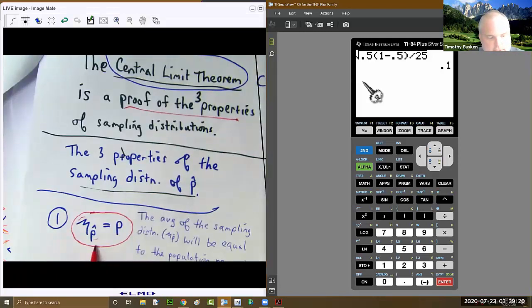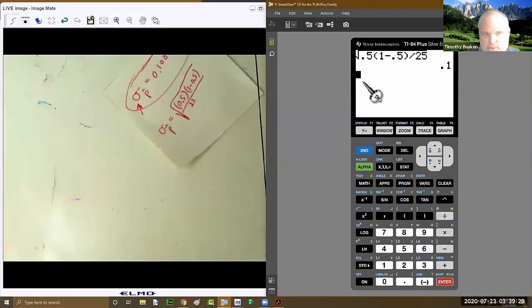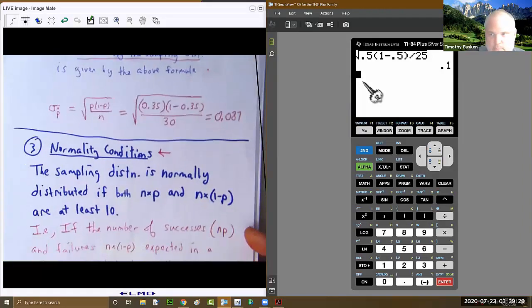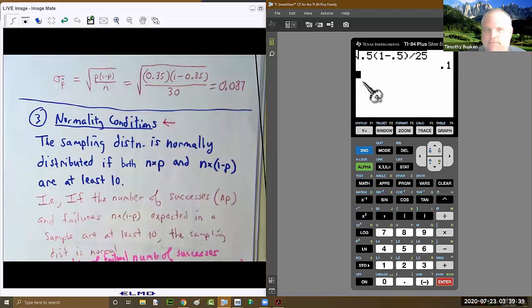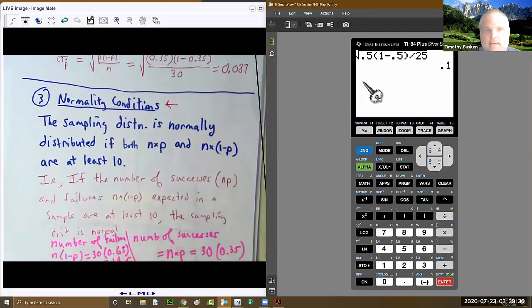So these two formulas only hold if the sampling distribution is approximately normal. So a section of the proof will show under what conditions the sampling distribution is normal.